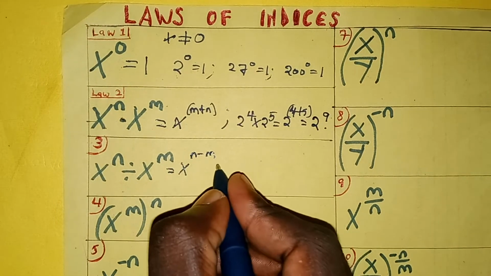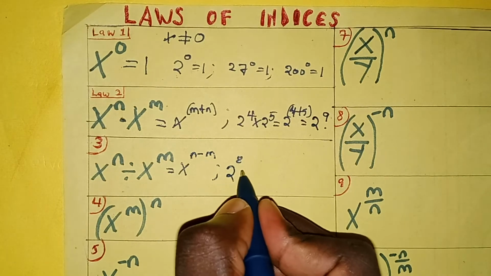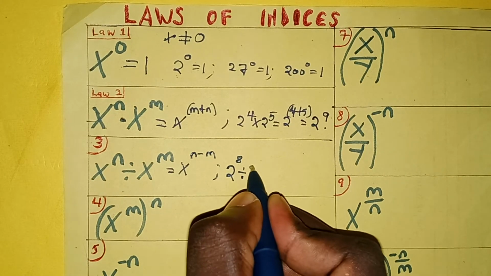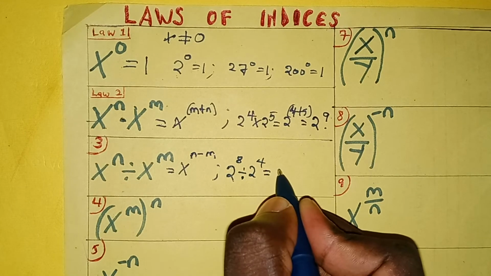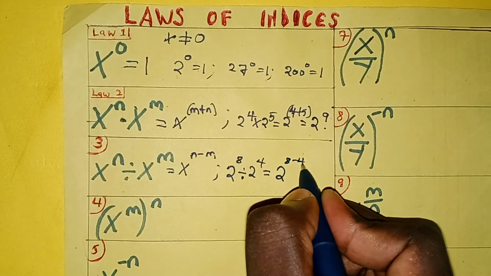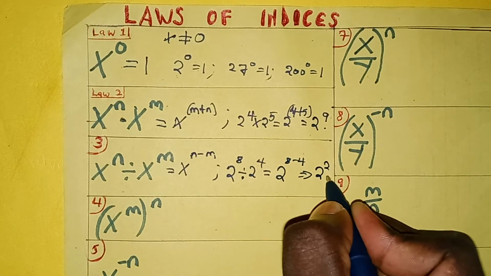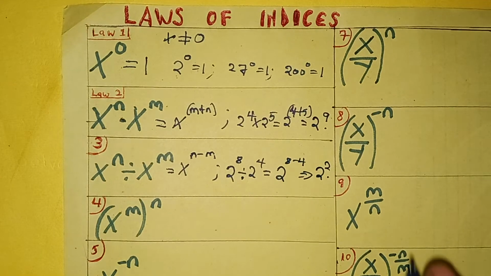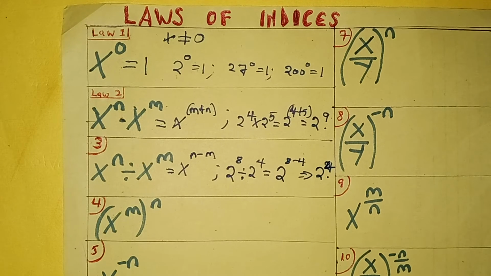Now, example, we can have 2 power 8 divided by 2 power 4. This is equal to 2 power 8 minus 4, which is 2 power 4.